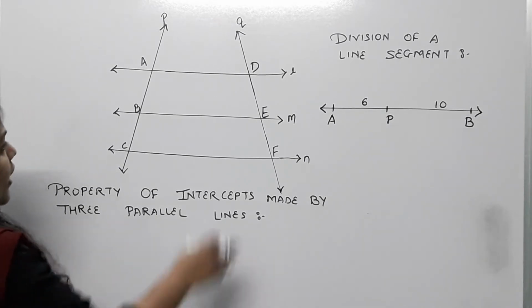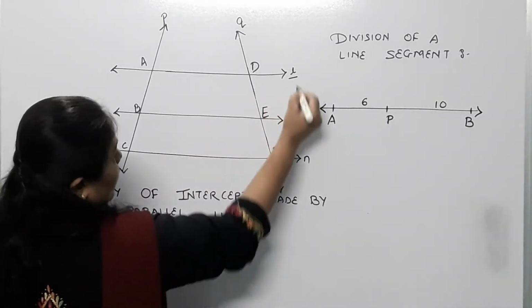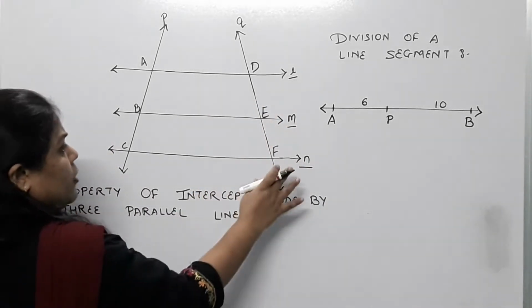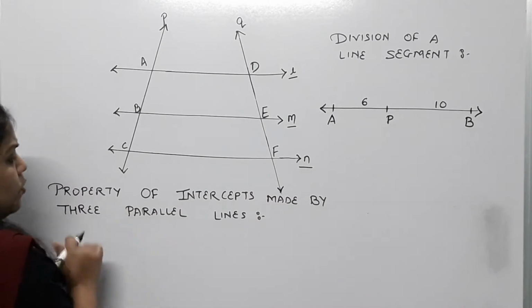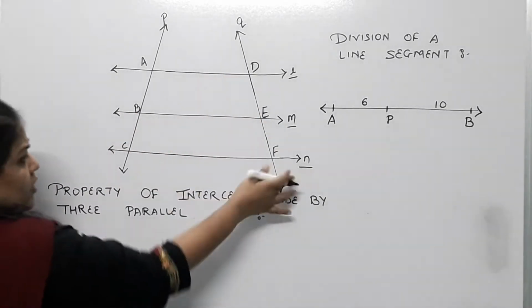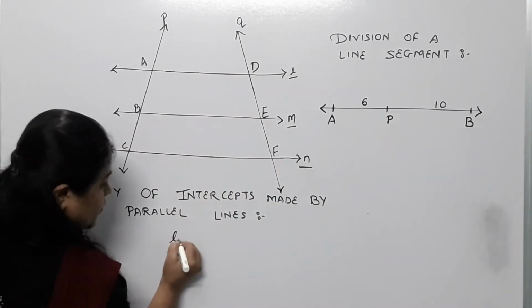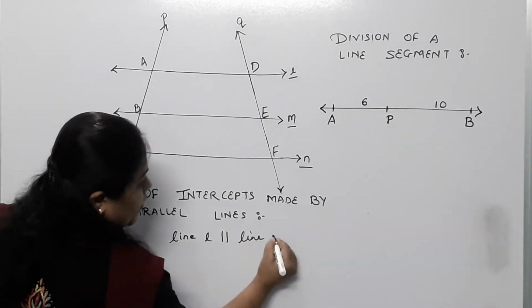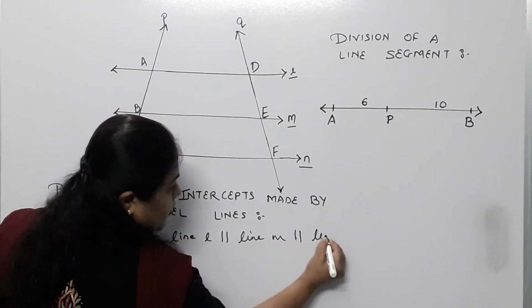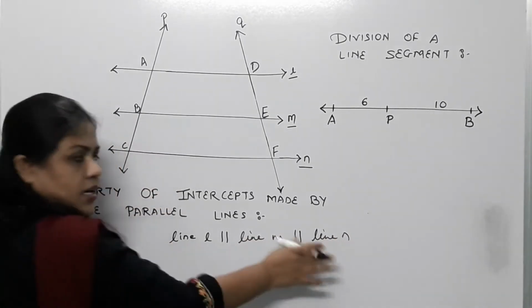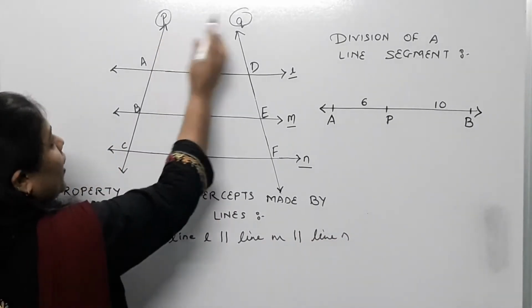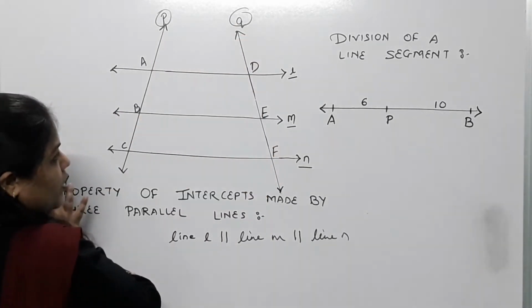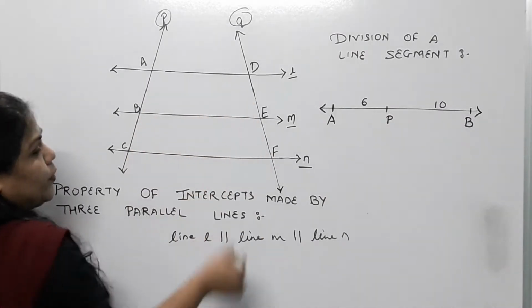For this we have three parallel lines, lines L, M and N, right? Now line L is parallel to line M and M is parallel to N. This is the given part: line L is parallel to line M, which is parallel to line N. And P and Q are the transversals which divide these three parallel lines in some proportion.